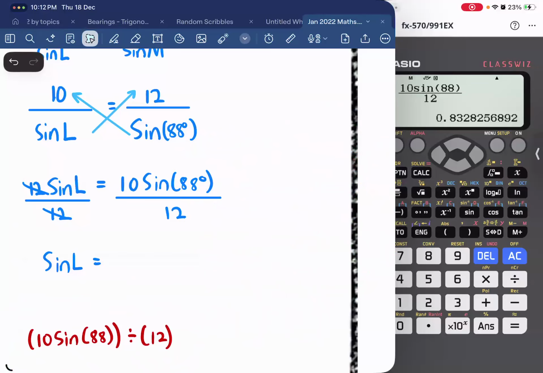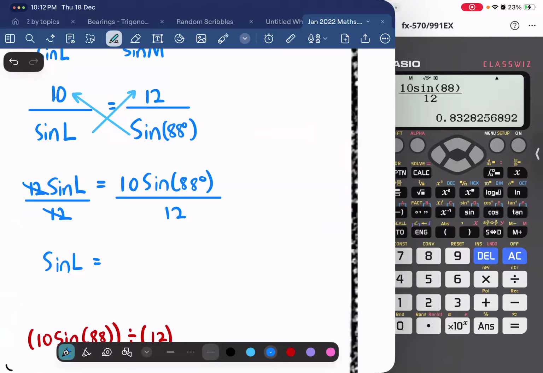Rounding errors are when you keep using rounded-off values, and eventually you get an answer very far from the correct one. So we're going to write the full answer: 0.8256892.